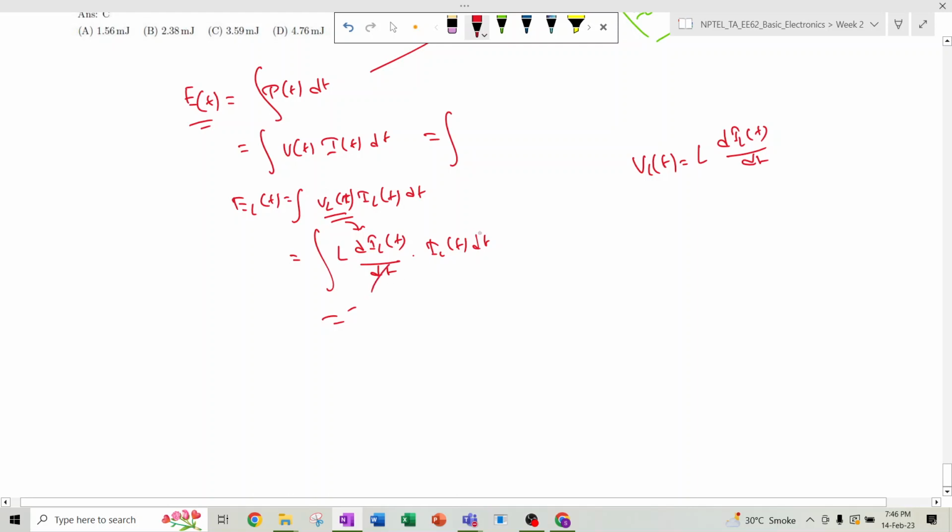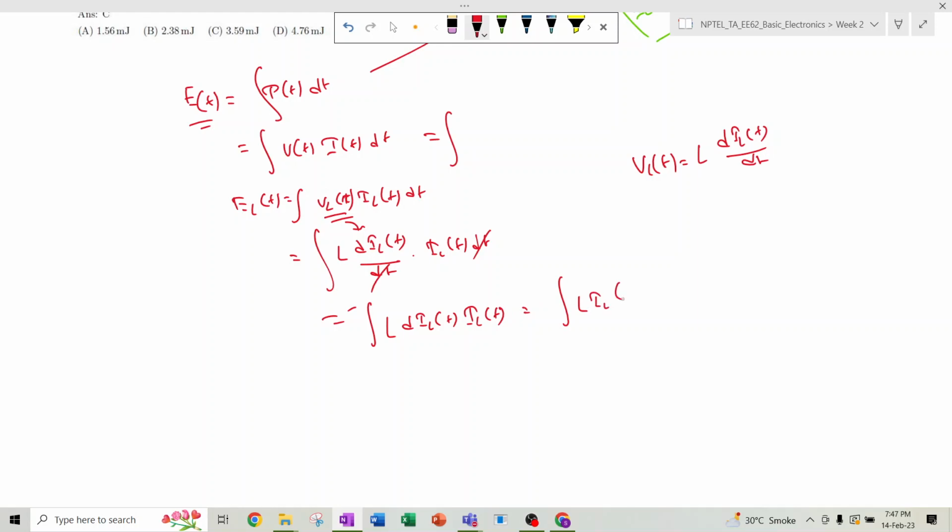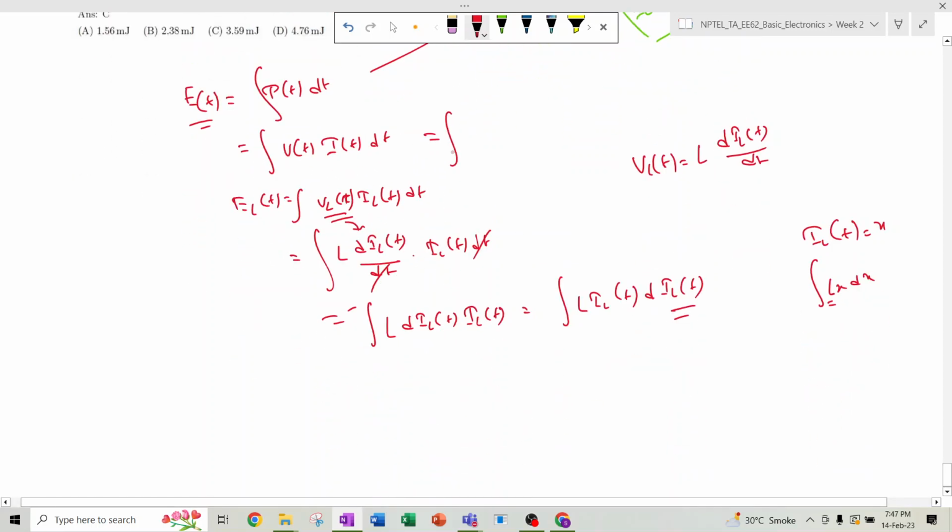Now this dt and dt cancel out, so it is L IL(t) d(IL(t)). If we consider IL(t) as x, we can write L x dx. And L is the inductor value, a constant, so L can come out of the integration, and we have x dx.